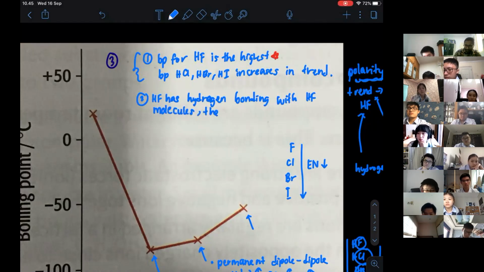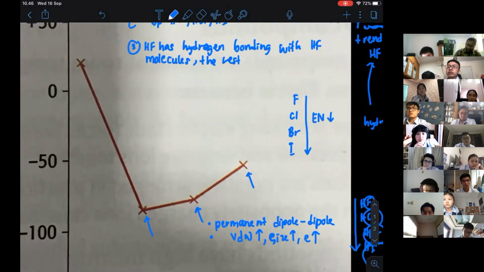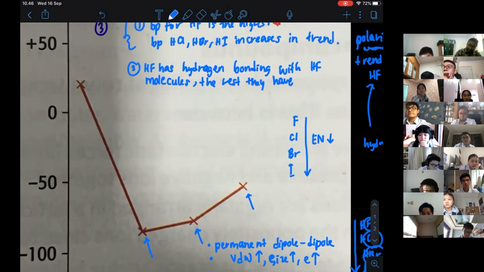The rest, you need to mention that HF has strong hydrogen bonding with HF molecules.